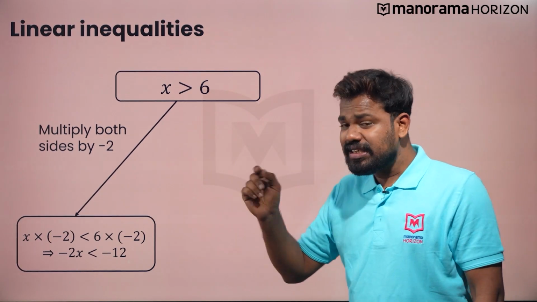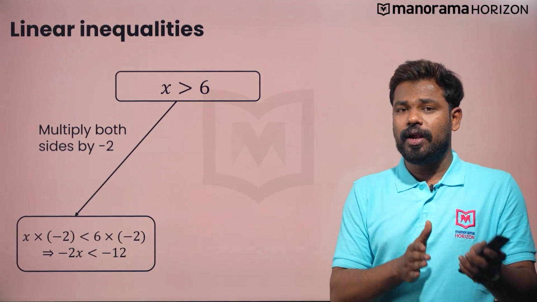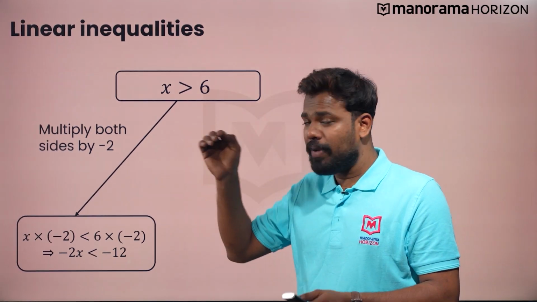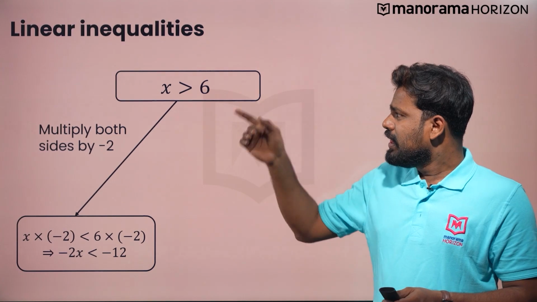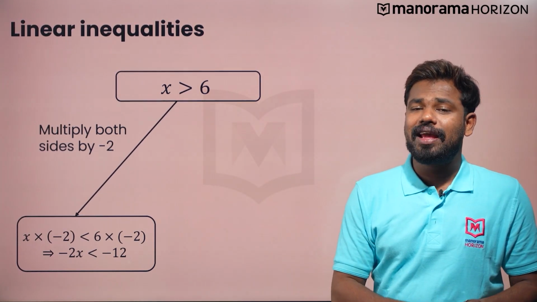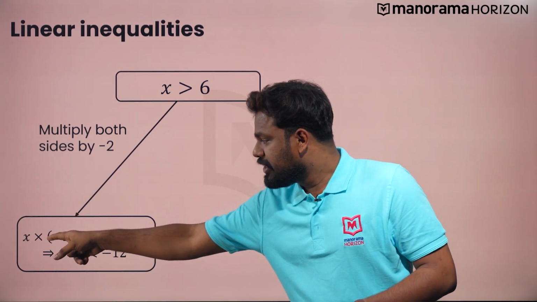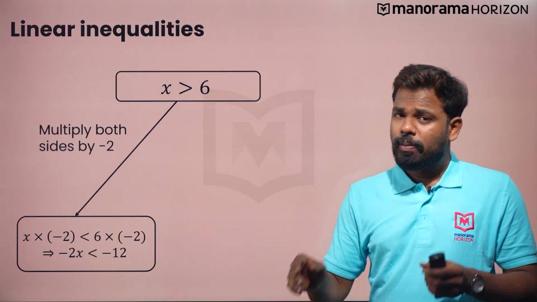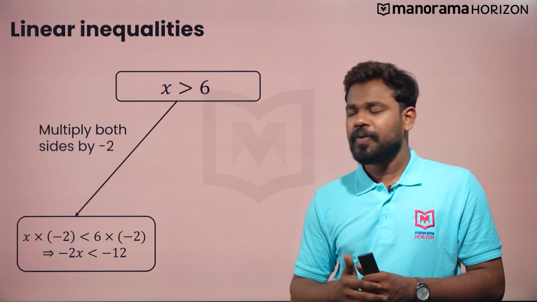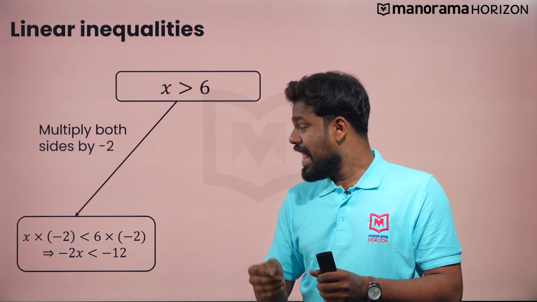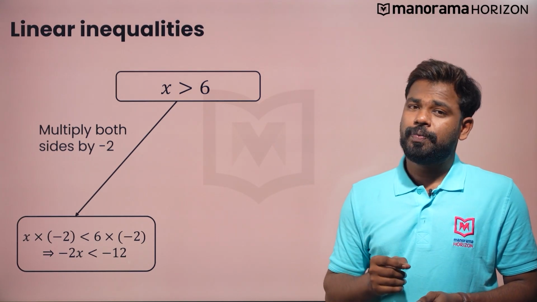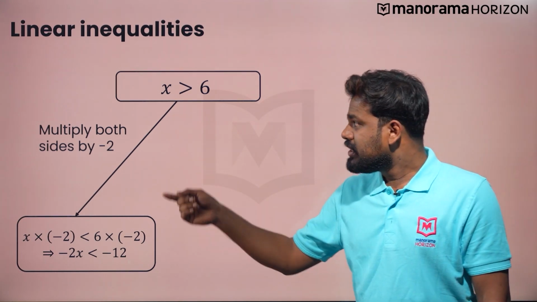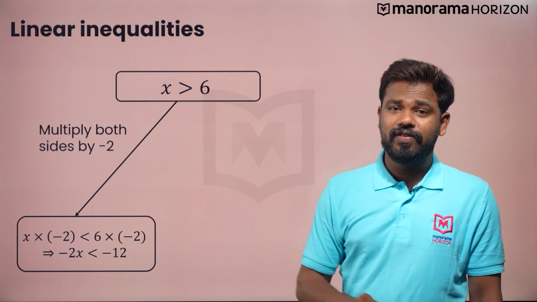A less than. That is, the sign of the inequality will change. So remember, when you are multiplying by a negative number, the greater than sign will be changing into a less than sign. So x into minus 2 and 6 into minus 2. But how will you write the final inequation? You can write it as minus 2x less than negative 12. So that is the final inequation after multiplying by a negative number.